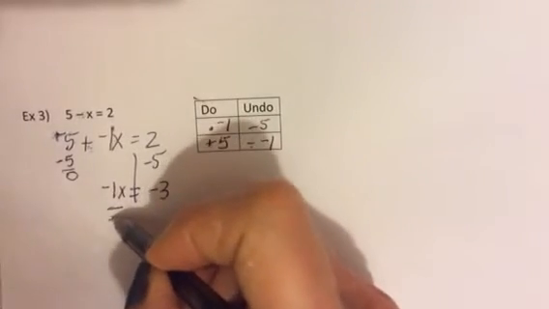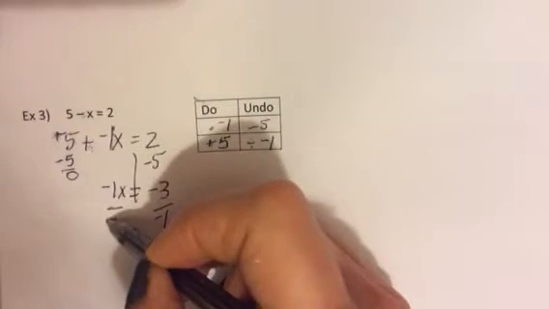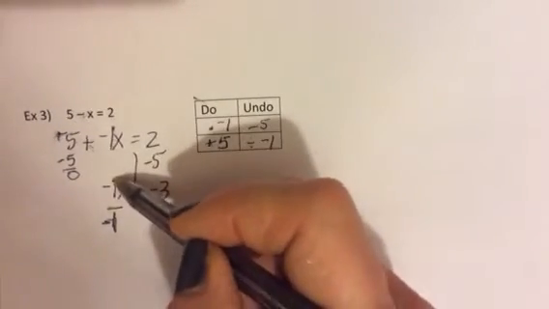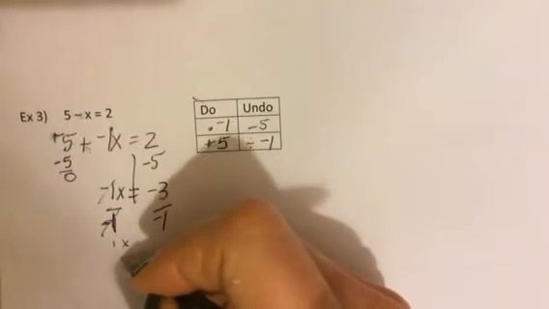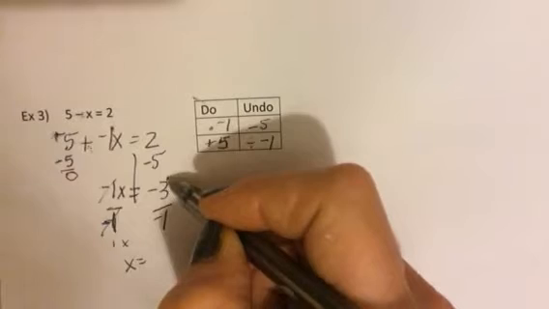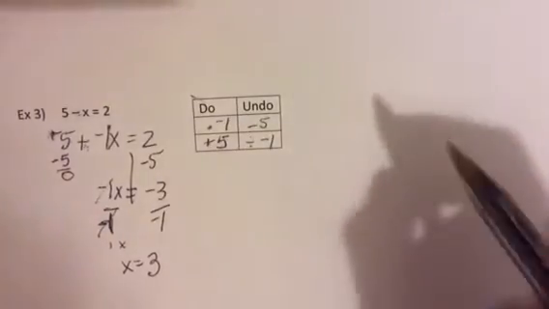Then we're going to divide both sides by -1. That's a -1, not a 7. Okay, so -1 divided by -1 is 1x, and 1 times x is x alone. That's what we were trying to do. -3 divided by -1 is +3.